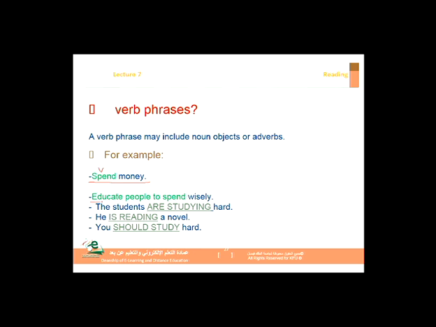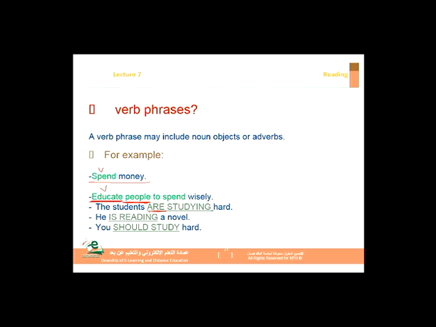Educate people. Educate comes from education, so educate is a verb. Educate people. So objects, right? That's a verb phrase. All right?